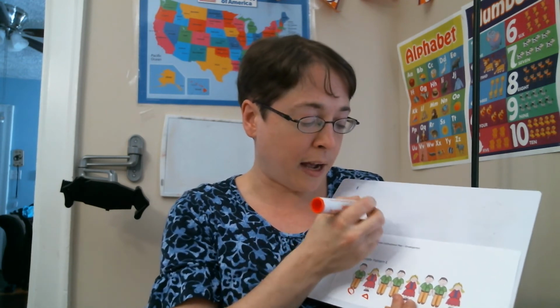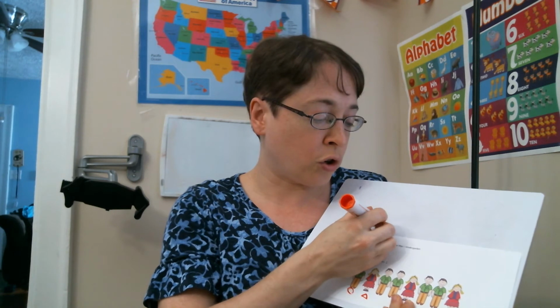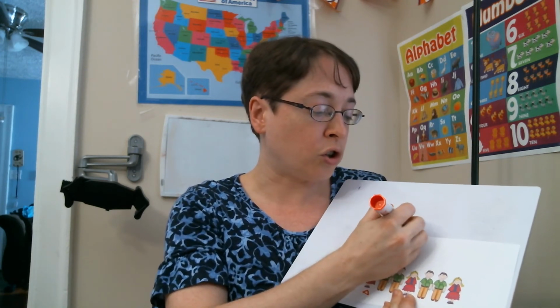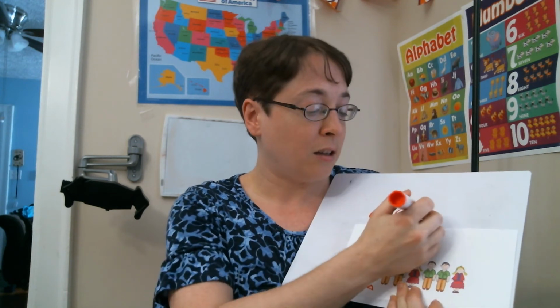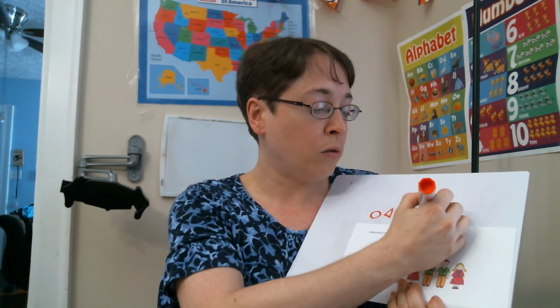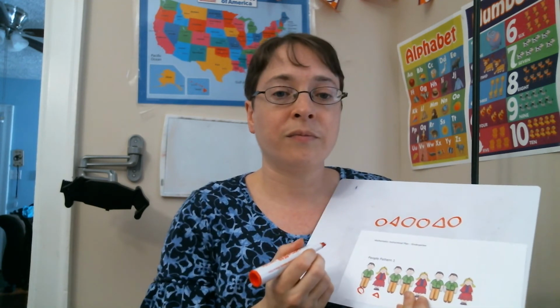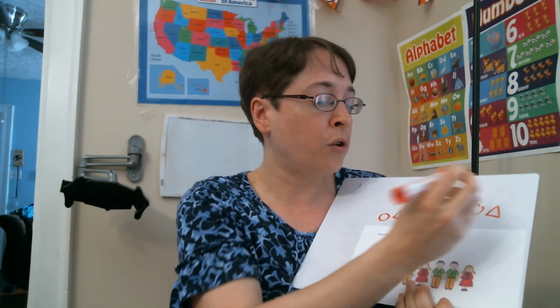I'm going to just hold this here so you see. So we have circle, triangle, circle. Circle, triangle, circle. Circle, triangle.